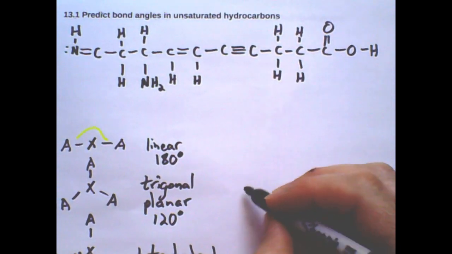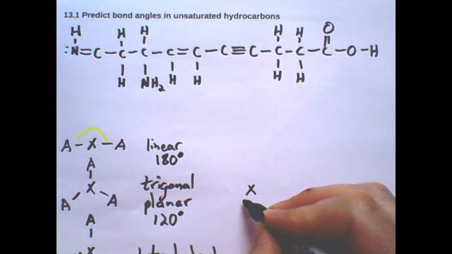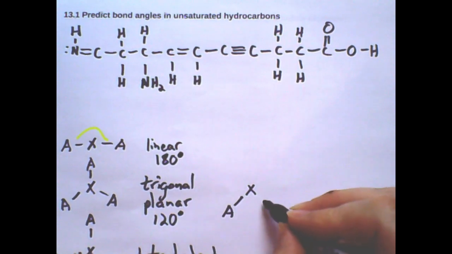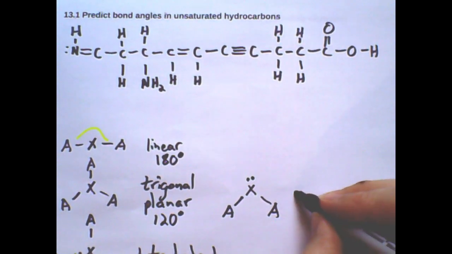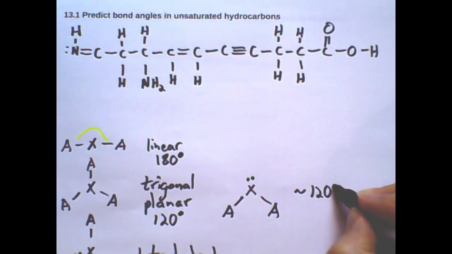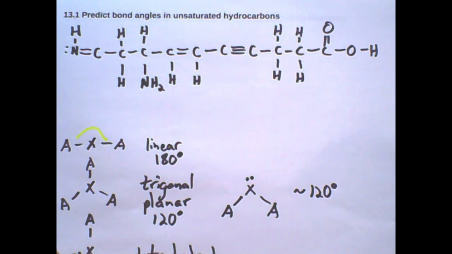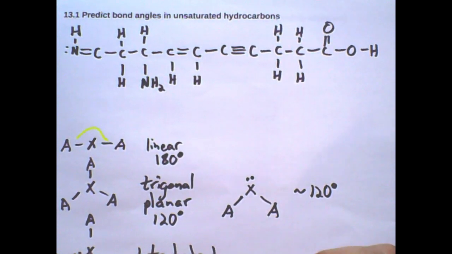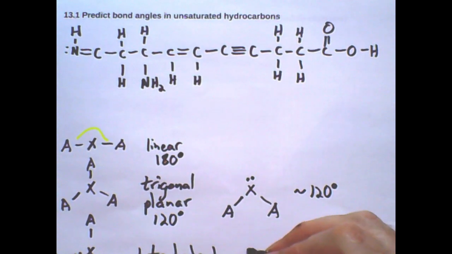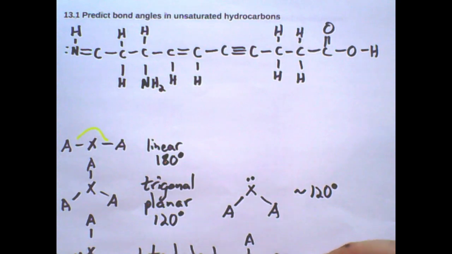And then we can leave off an atom, but still have electrons repelling, and this one's going to be approximately 120 degrees, a little smaller. We can do the same with a tetrahedral shape, and this will be approximately 109.5 degrees.